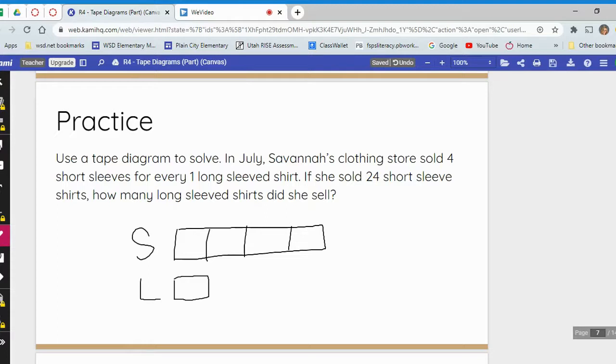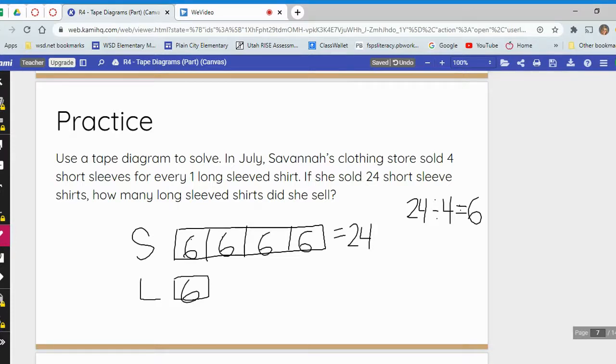Okay. If she sold 24 short sleeves, so short sleeve equals 24. So 24 split into 1, 2, 3, 4 sections. So 24 divided by 4 is 6. So these are all 6.